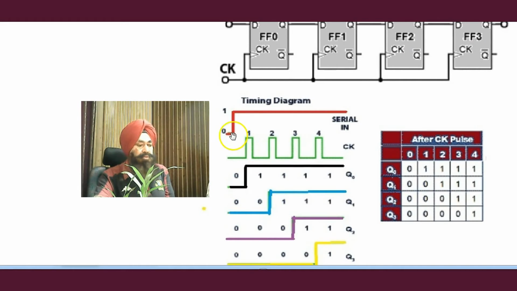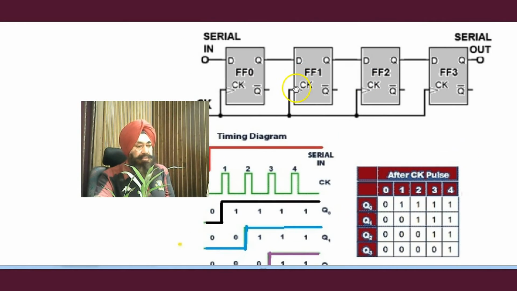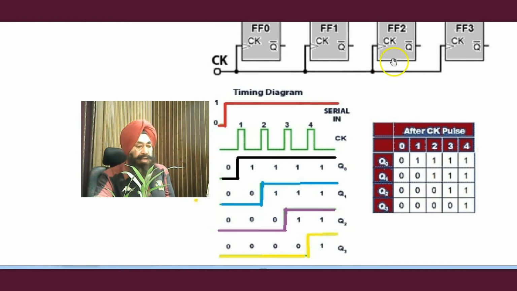So this is how the data is serially shifted from this end to that end, as shown by the timing diagrams. The last output arrives when the fourth clock pulse comes. So this is the last one.